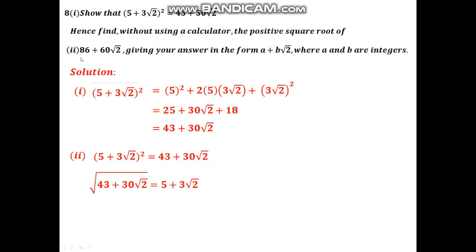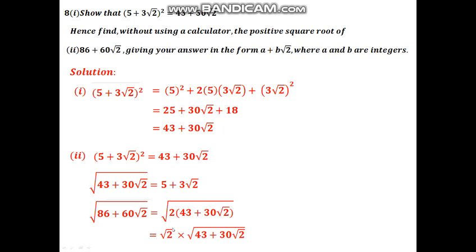Okay, 86 plus 60 square root 2. I can rephrase it as 2 bracket 43 plus 30 square root 2. And then here, we can actually split into two parts. One is square root 2, and the other part is the square root of 43 plus 30 square root 2.